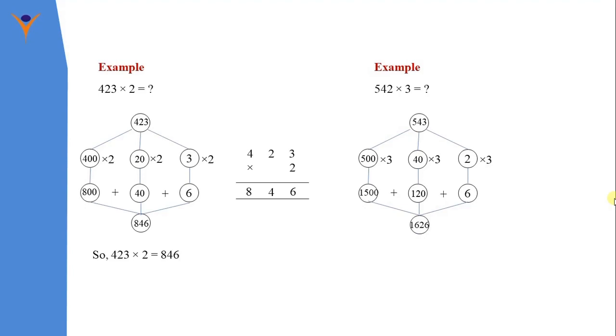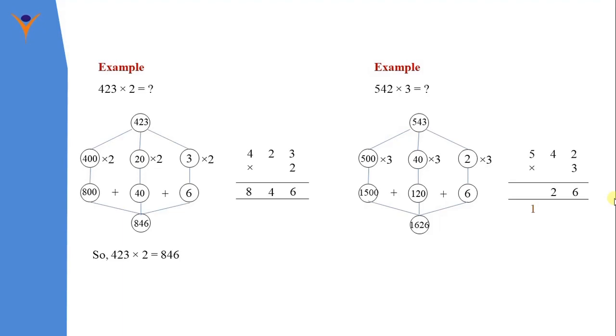So we're going to use the simple method, or the short method, to check if we are correct. So 542 times 3. Here are our lines. 3 times 2 is 6. 3 times 4 is 12. We can't write 12, so we'll write only 2 and move the 1.